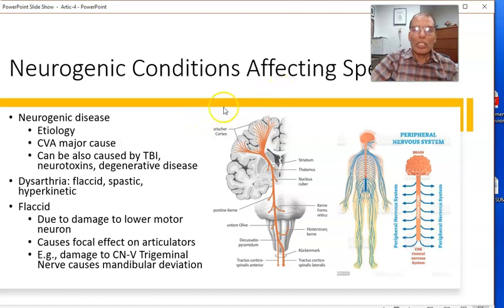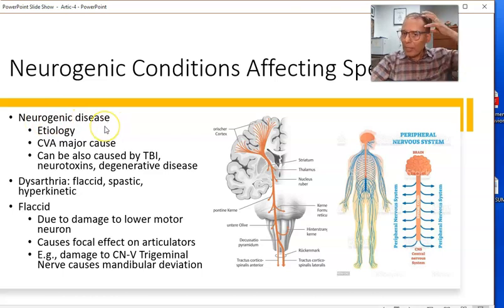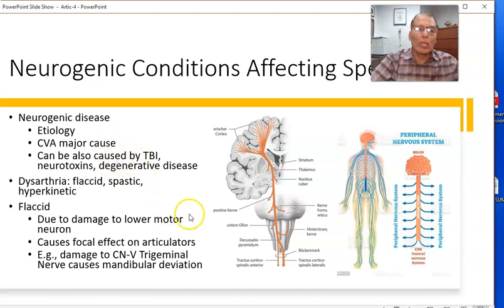In terms of neurological conditions affecting speech, when you say neurogenic, it means things that happen in the brain, like a stroke, for example, or someone having a traumatic brain injury, that can cause damage to areas of communication in the brain. Dysarthria is a muscular disorder.